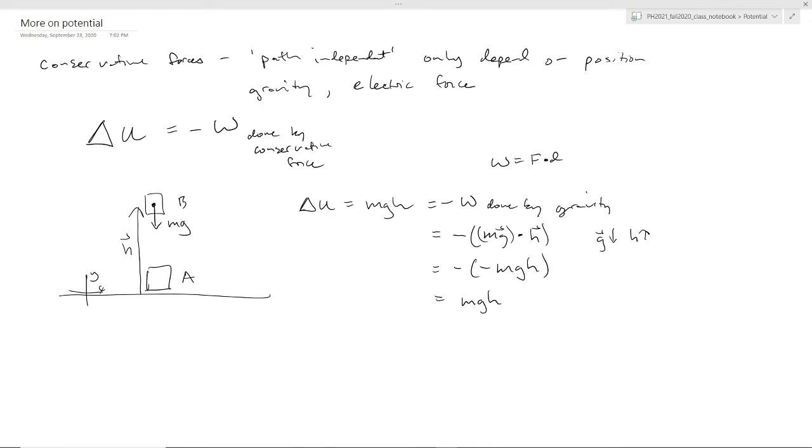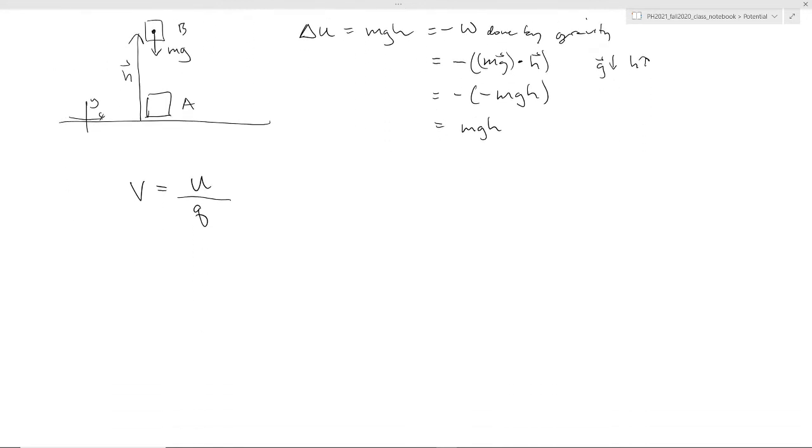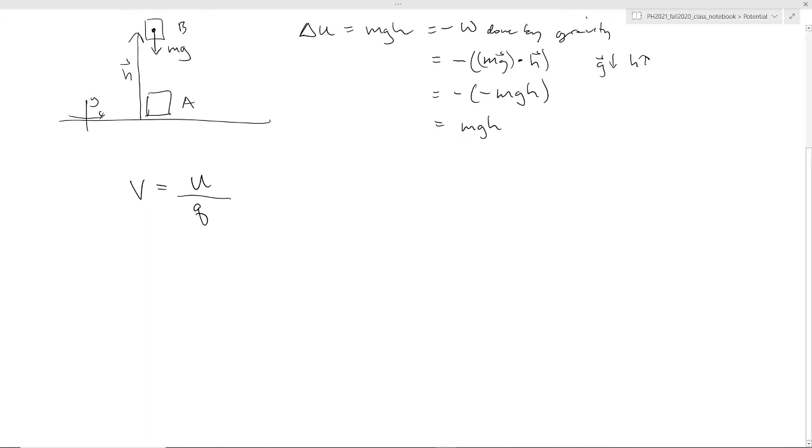Now, we can connect this explicitly to the idea of potential by recognizing that the potential is equal to the potential energy per unit charge. So let's look at a situation that's very similar to this gravitational situation, and that is our electric field.